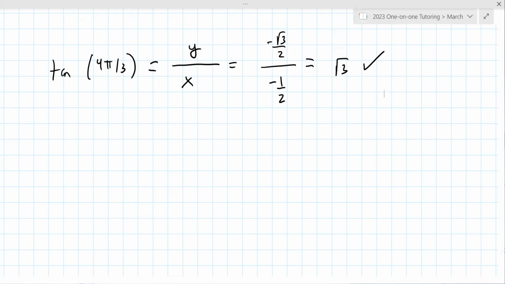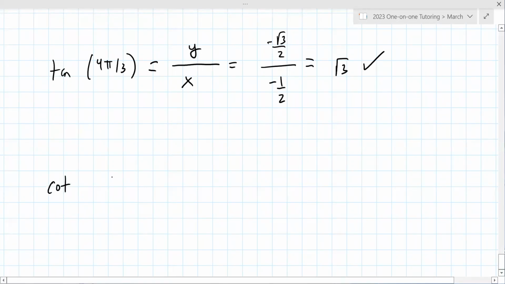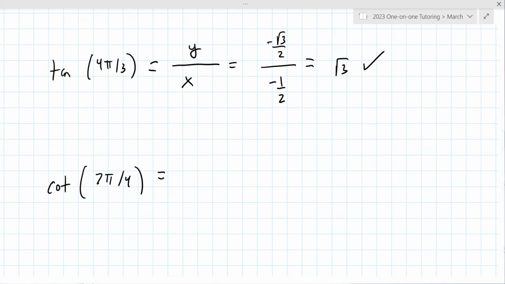All right. Let's do a few more here. Let's do the cotangent of 7 pi over 4. So 7 pi over 4 is radical 2 over 2, which is the x.